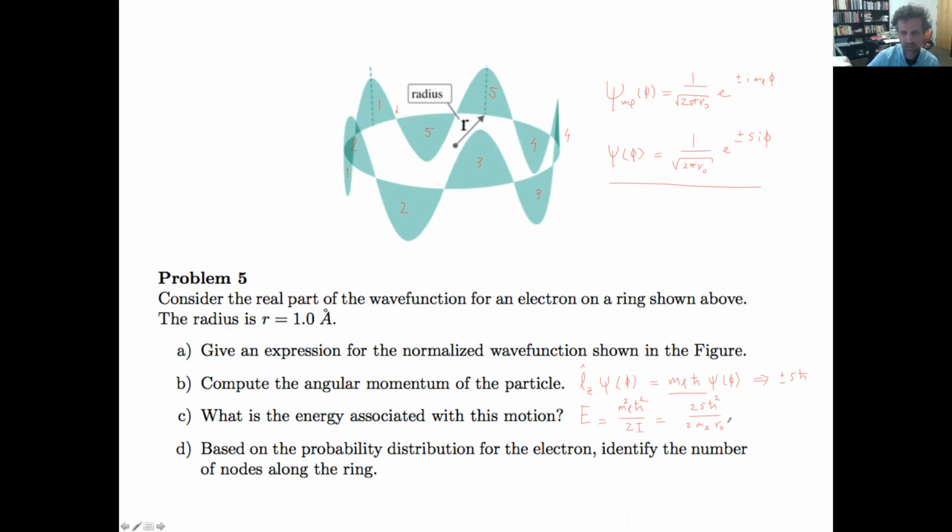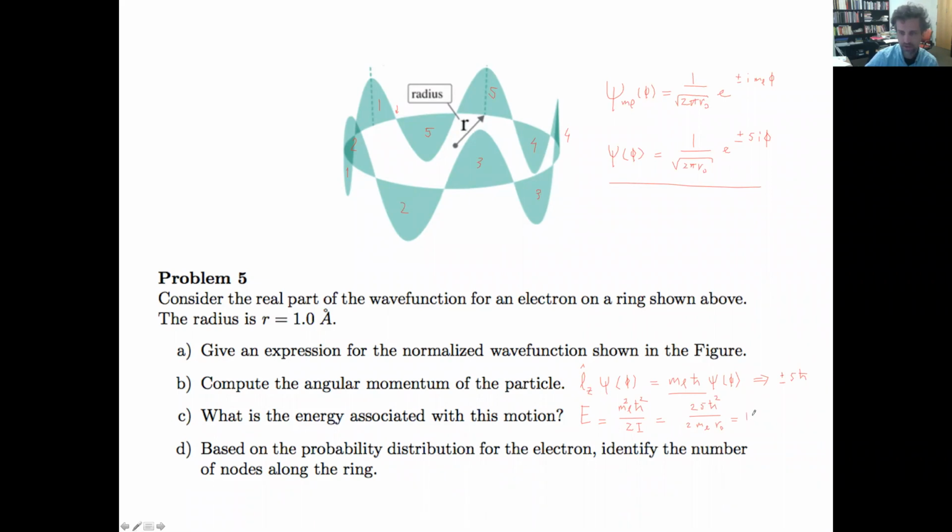So in principle, I can calculate the energy in terms of an actual number, because I know what the constant of Planck is, h bar squared. I can compute that. H bar will be provided on the exam in the table of constants. Me is also part of that table, and r naught is given. So I have all these values, so I can just come up with a numerical value for this energy.